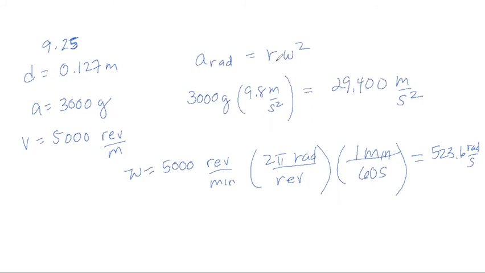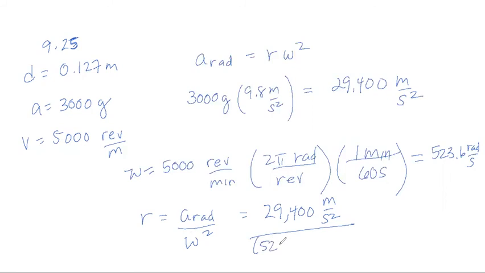Okay, all right, so now we'll just go ahead and do our math. We wanted to know the required radius for this. So R is equal to a radial over omega squared, which is 29,400 meters per second squared divided by 523.6 radians per second, quantity squared.